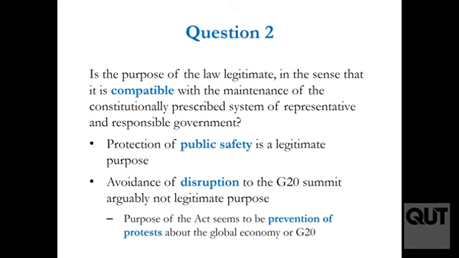So I think that would actually quite severely limit the implied freedom of political communication in a way that's not compatible with representative government. I think you could apply the reasoning there in the case of Brown and Tasmania.